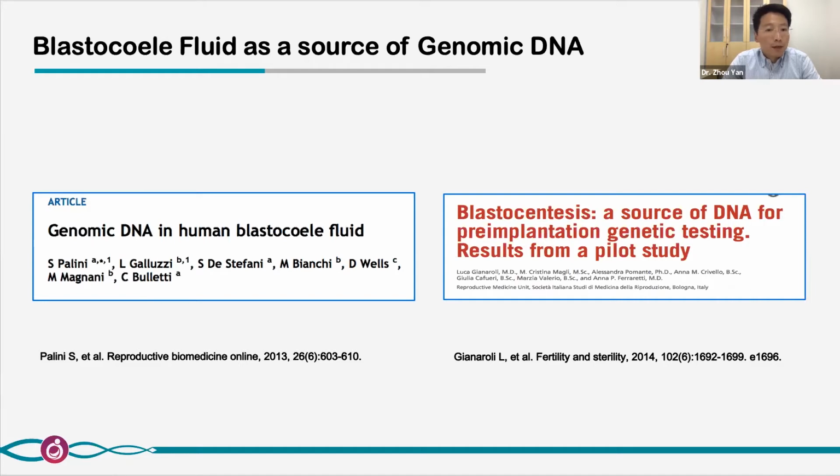In a paper published in 2013, real-time PCR was used to amplify and monitor a few multi-copy genes, and they further applied whole genome amplification plus microarray to prove the principle of using blastocyst fluid, or BF, as an alternative source for PGT.